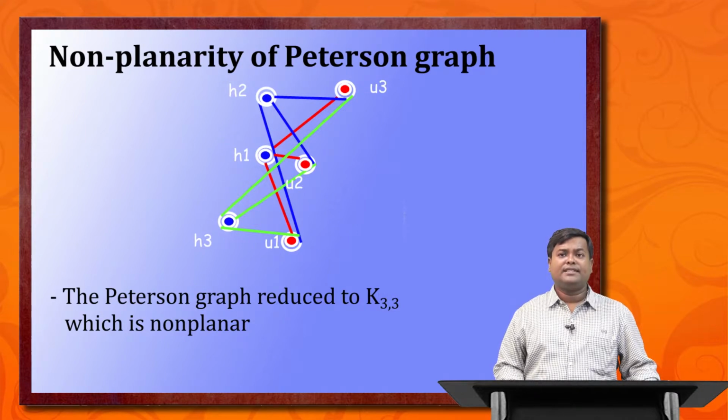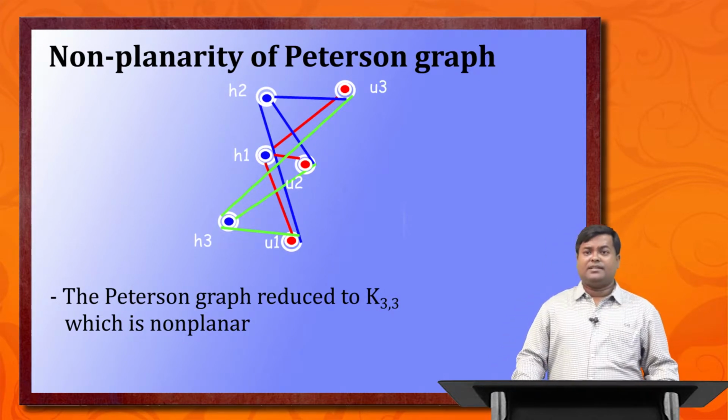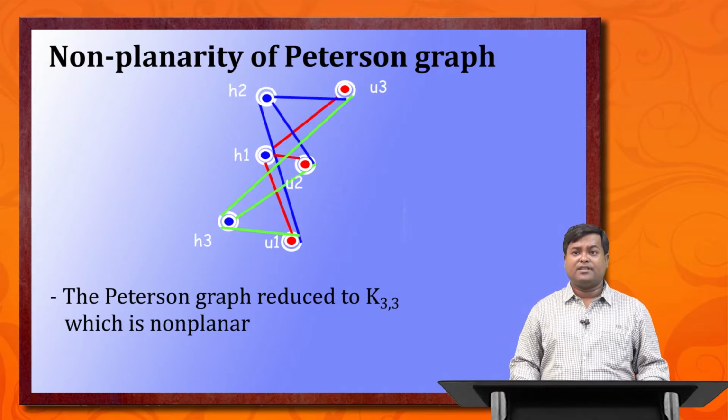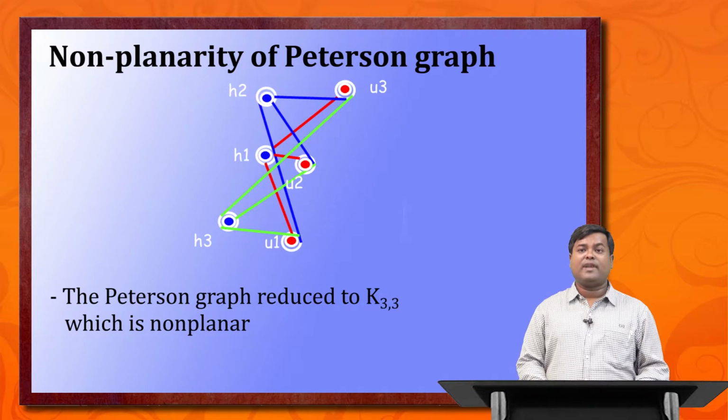If we don't get anything of that sort, then we conclude that it's a planar graph. Now this is a little tedious. Every time we need to check, there are lots of algorithms to find these things. We are not discussing those topics in this lecture, but conceptually we found a way to say whether a graph is planar or non-planar.